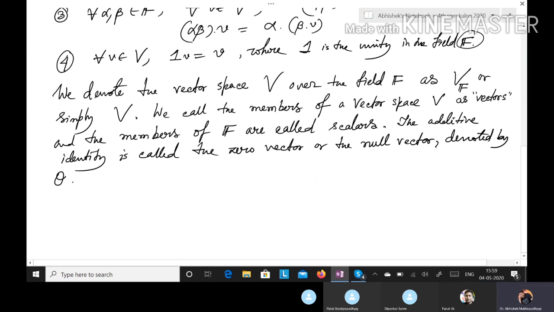And it should be mentioned that the name vector is largely used as a matter of convenience.